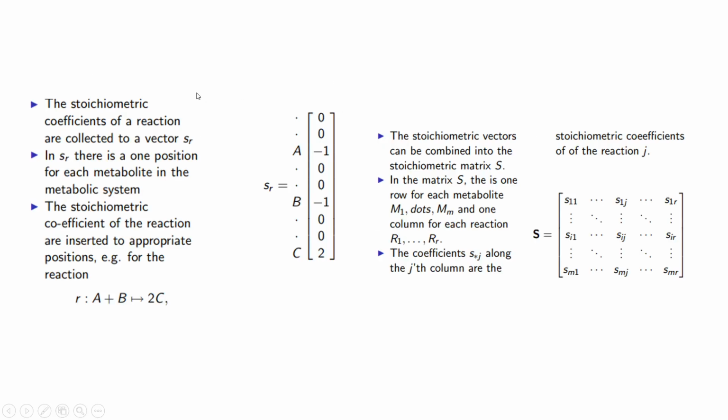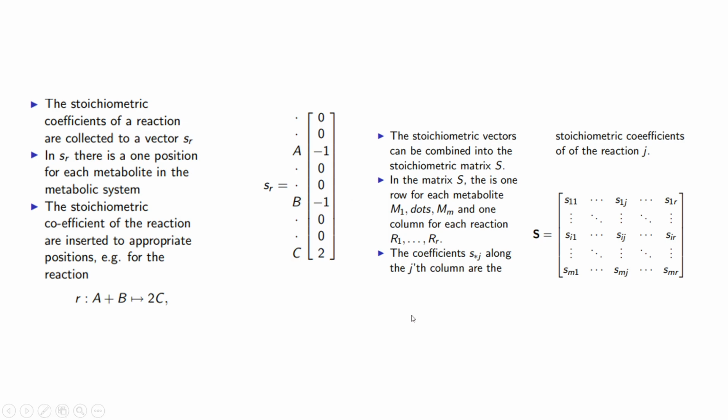Now, the stoichiometric coefficients of a reaction are collected in a vector called SR. So SR looks something like this. There is one position for each metabolite in the metabolic system, and the stoichiometric coefficients of the reaction are inserted in the appropriate positions. So for the reaction A plus B giving 2C, the collection of the stoichiometric coefficients of the reaction is in this SR vector.